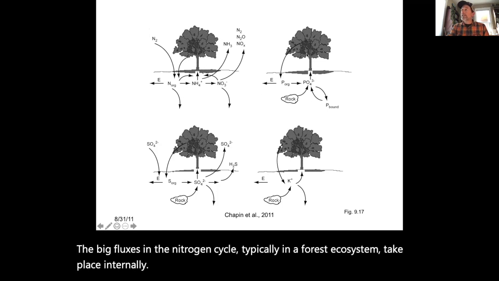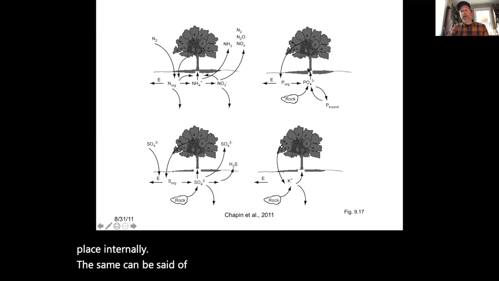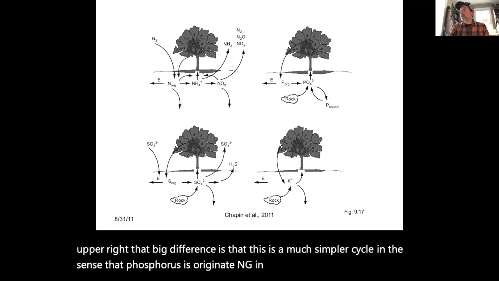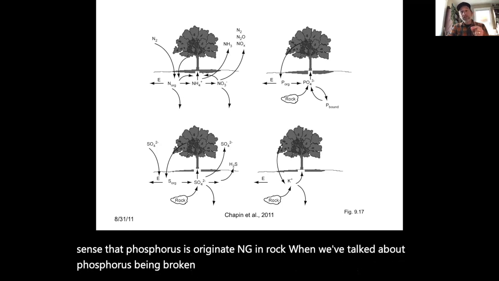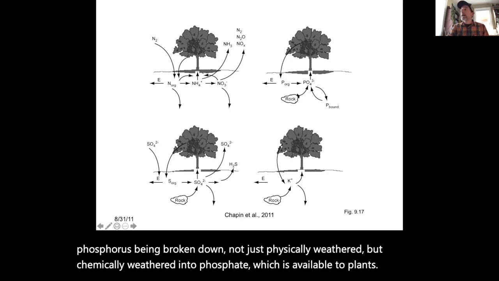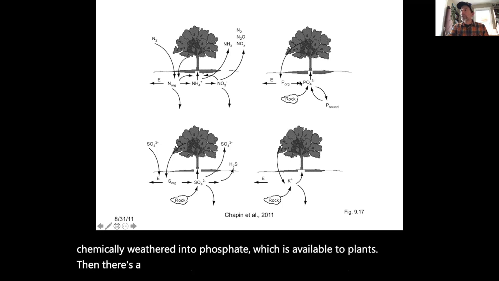The same can be said of phosphorus, but in the phosphorus cycle on the upper right, the big difference is that this is a much simpler cycle in the sense that phosphorus is originating in rock. We've talked about phosphorus being broken down, not just physically weathered, but chemically weathered into phosphate, which is available to plants. Then there's a tight cycling of phosphorus within the plant-soil ecosystem.